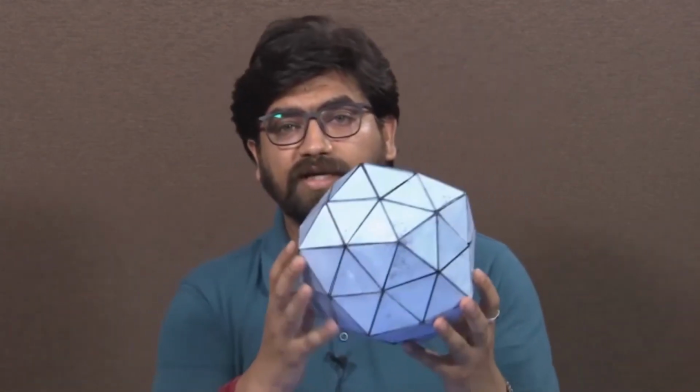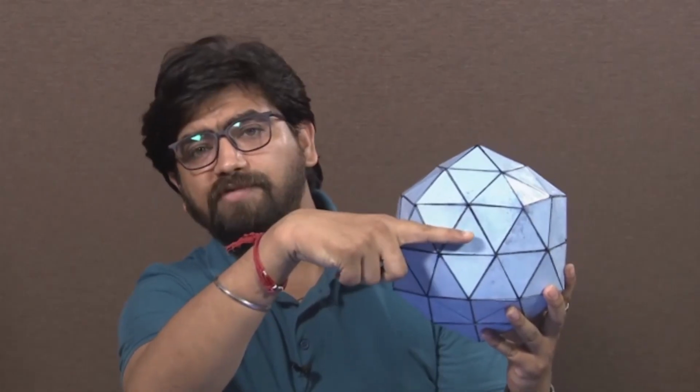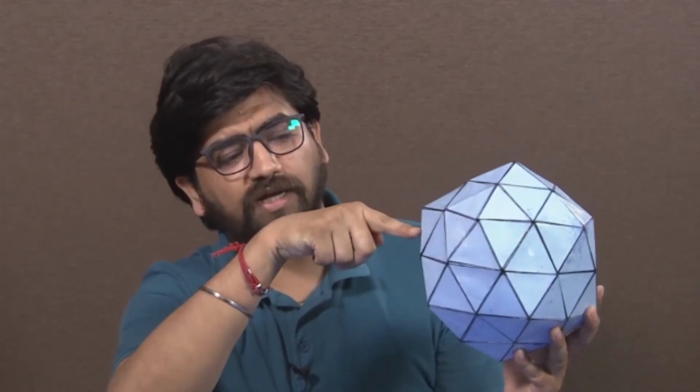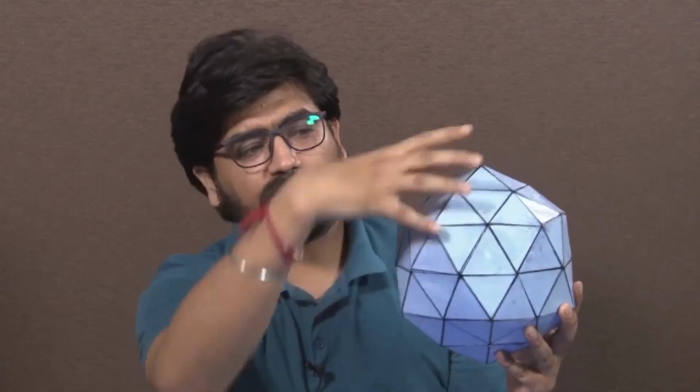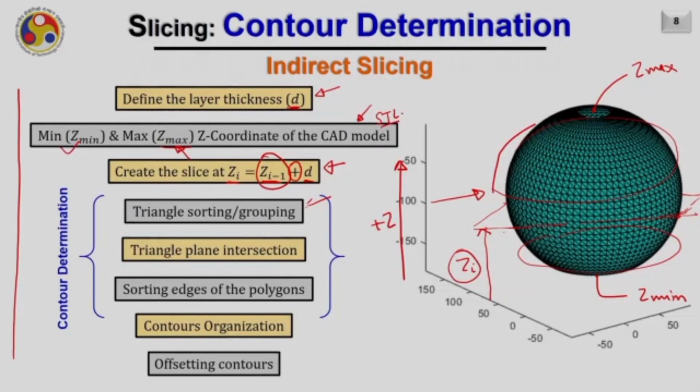If I am slicing at this particular level, then only these triangles are of our interest. The triangles above and below are of no use. So, we need to sort the triangles appropriately, and the algorithm corresponding to that is called the triangle sorting or grouping algorithm.